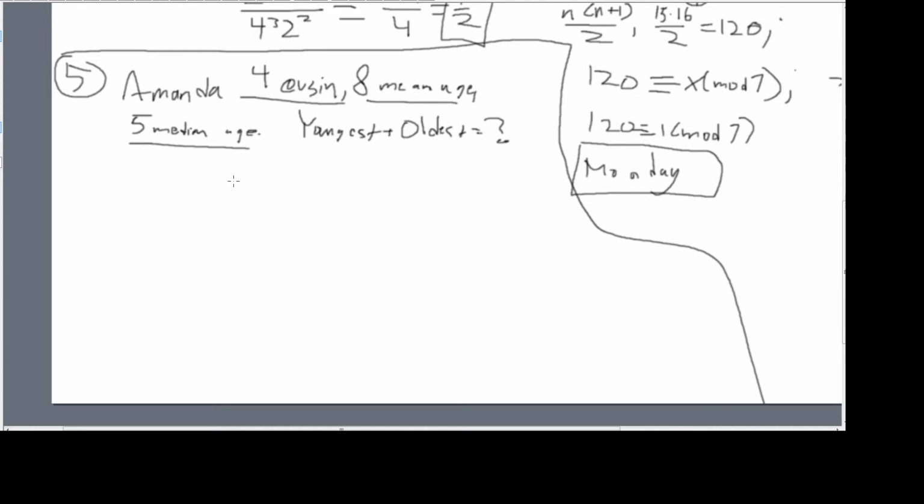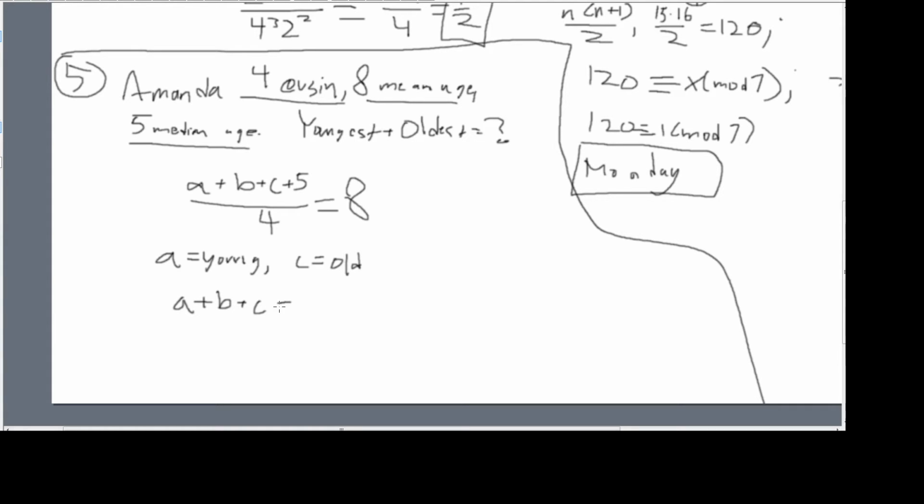The median is 5, so that's going to help us provide sums. So we have A plus B plus C plus 5 over 4 is equal to 8. We can set A to be youngest and C be the oldest. So once we do that, we have A plus B plus C is equal to 32 minus 5. It's going to be A plus B plus C is equal to 27.